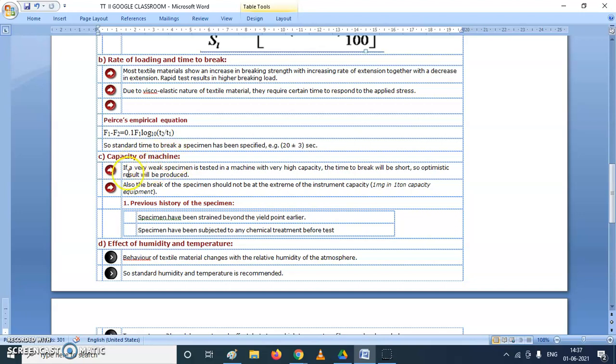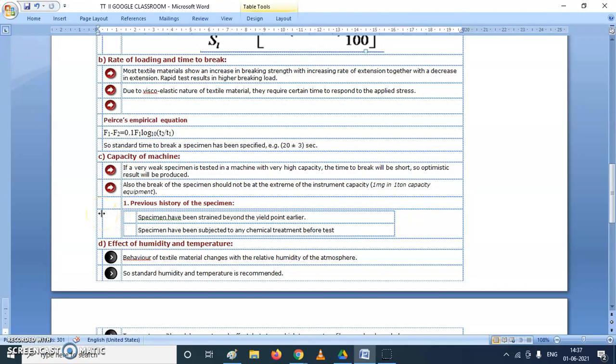So capacity of machine is also important, what material we are testing and what is the range of load for that machine. If a very weak specimen is tested in a machine with very high capacity, the time to break will be short, so optimistic results will be produced. Also, the break of the specimen should not be at the extreme of the instrument capacity.